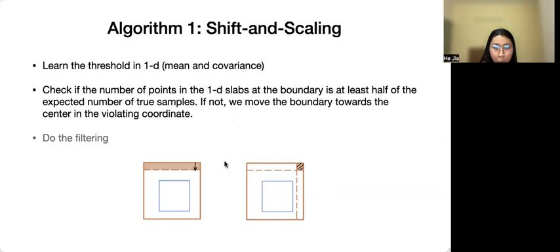If the number of points here is small, we move the boundary towards the center in the volume coordinates. That means if the density here is low, we just cut this from our cube. We do it repeatedly until we go into the cube whose boundary has high density.